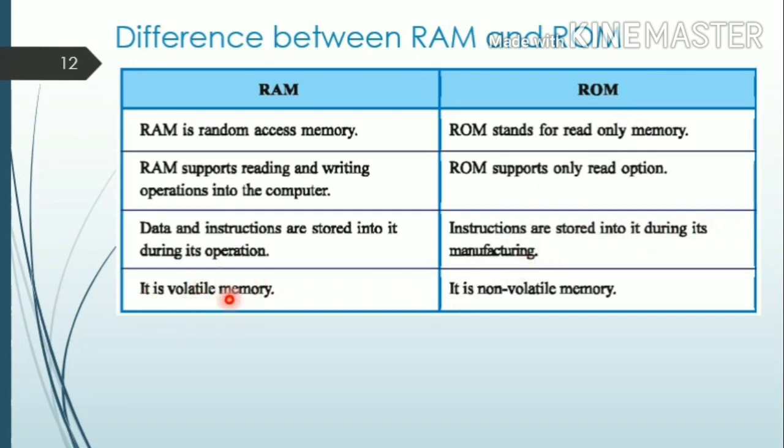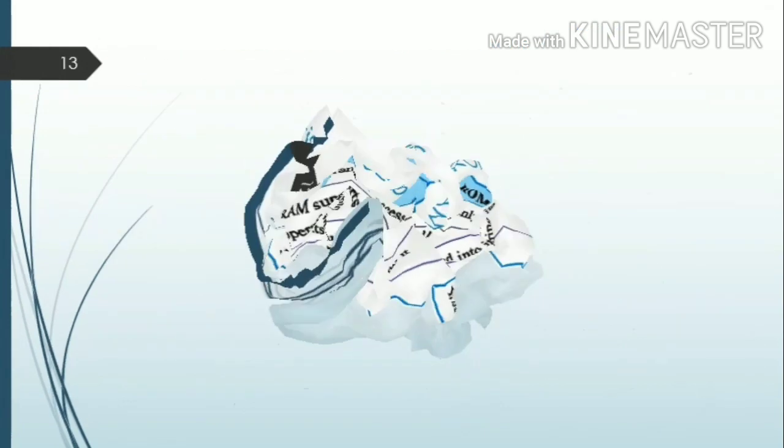It changes with time. Depending on how much you are using it frequently, that much data is used by the RAM. Okay, ROM is non-volatile memory, it cannot be changed. Whatever data and instruction you keep using via computer or via mobile, it is non-volatile, it cannot be changed.